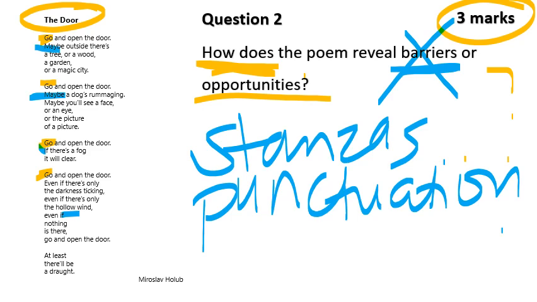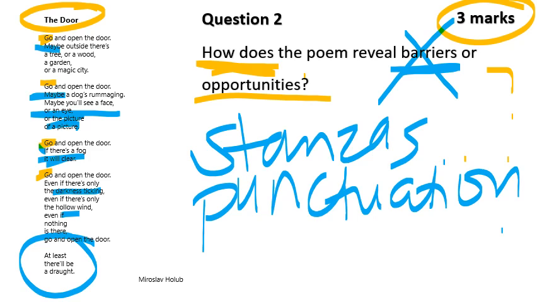You might want to pay attention or identify the play on words, the humour that is used, or metaphors, and the ending here. So there's a whole variety of techniques you can find to demonstrate that this poem is seeking to reveal something to us, to highlight to us something about opportunities.